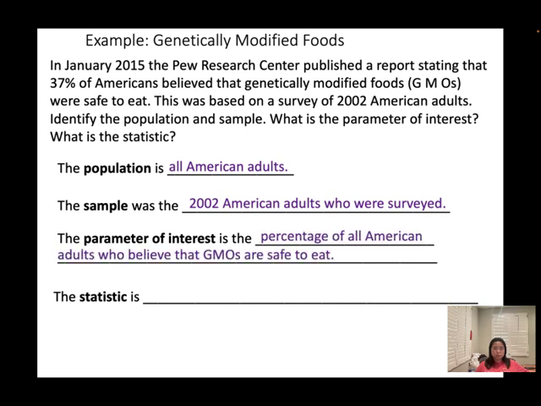This is the percentage of all American adults who believe that GMOs are safe to eat. It's all American adults, okay? Because the parameter describes the population. And how about the statistic? The statistic is about the sample, right? So we have 37%, the percentage of the sample who felt this way.